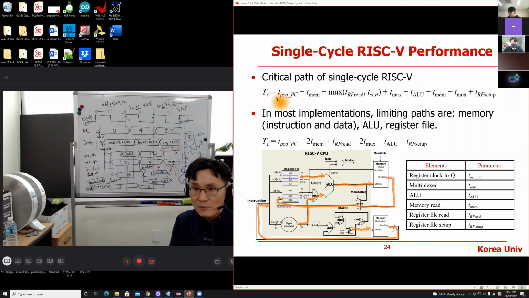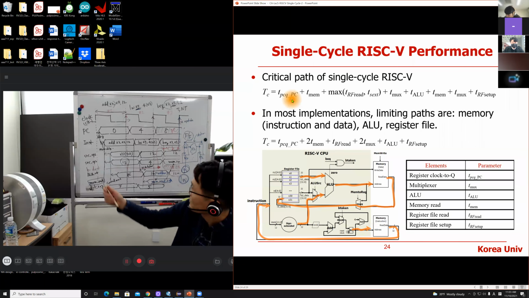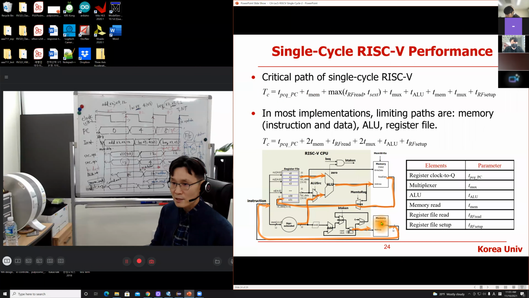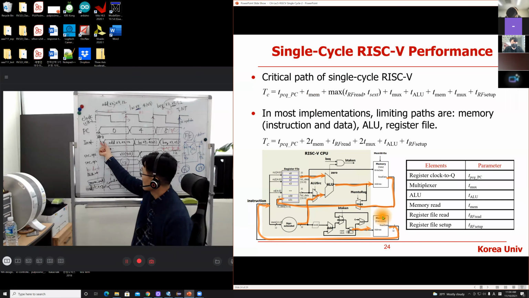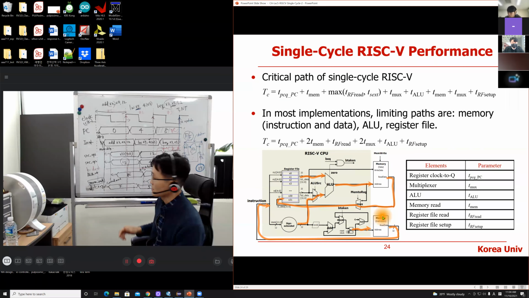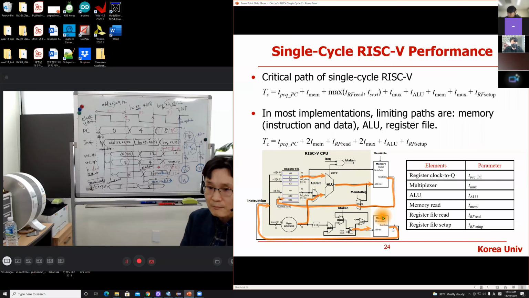The first one is flip-flop delay. All hardware components take time. Then memory delay: from the instruction memory you are reading the instruction, so how long it takes to access that instruction. Then, whichever is bigger.